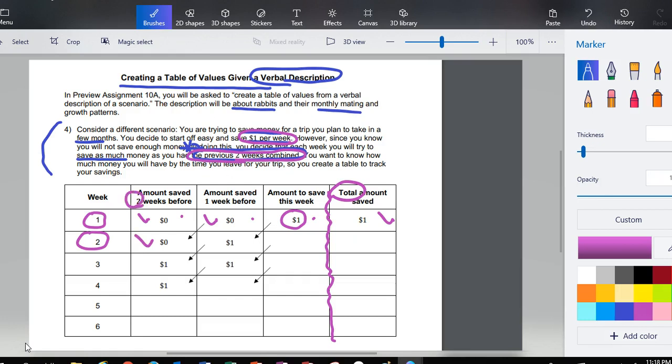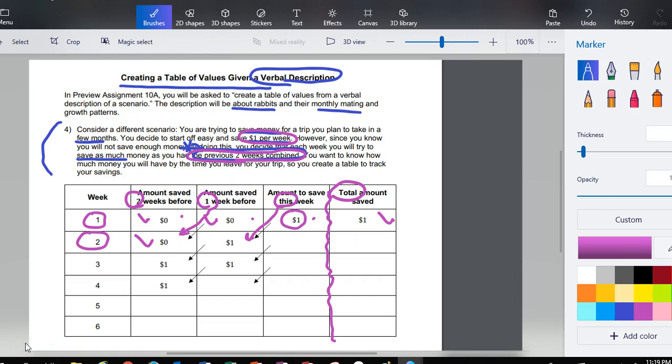This time we do have a 1 week before. And so notice that the 1 week is going to become the 2 weeks value. And this week is going to become the past week. And so these arrows that are already drawn on there are going to be very helpful because then what's the amount we're going to save this week?